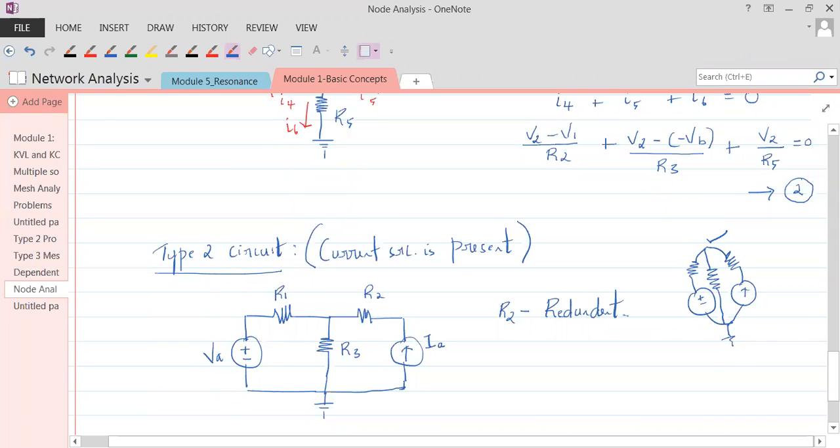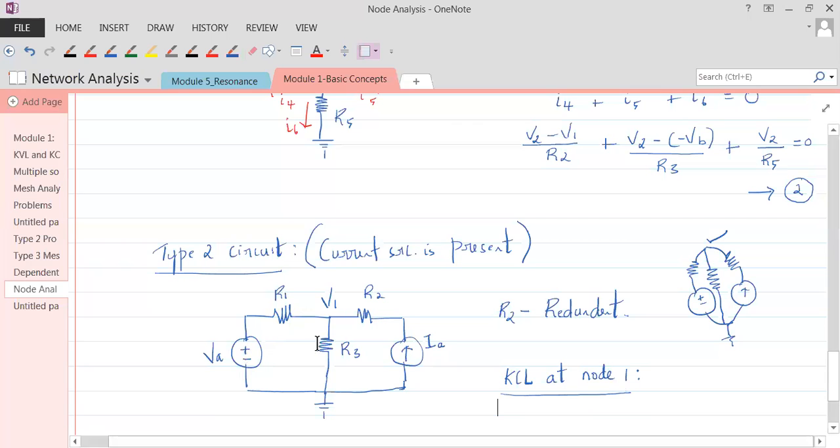Now how many branches are there? Let me call this as V1. There is just one node, so I'm marking that as node 1. So let's apply KCL at node 1. What is that KCL? How many branches? There are 3 branches.